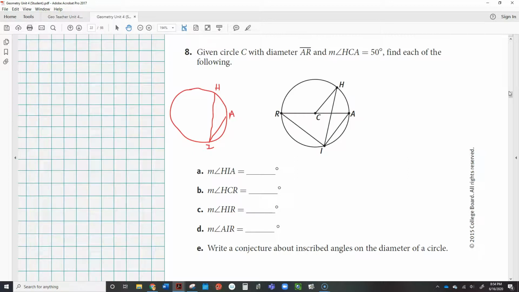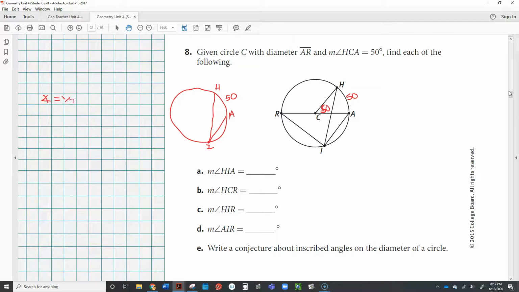Okay, it does tell me the measure of angle HCA is 50 degrees. So I'm going to go ahead and mark that as 50, and I'm going to mark arc HA as 50 because this is a central angle. So if arc HA is 50, then this HA, which is the same one, is 50. Now, I is an inscribed angle. Why? Its vertex is on the circle. So the angle is half the arc.